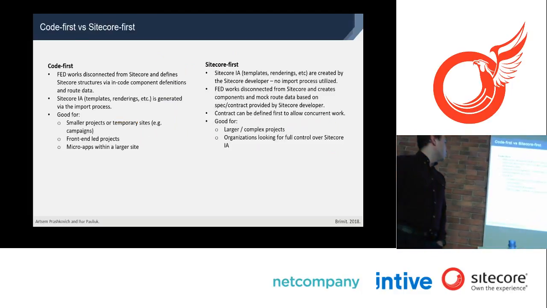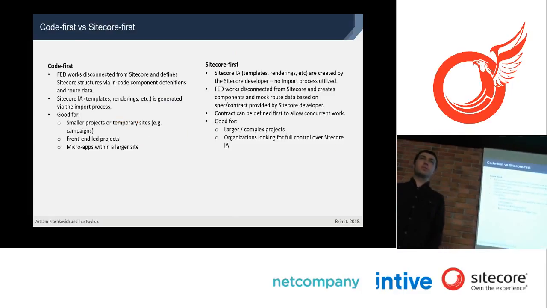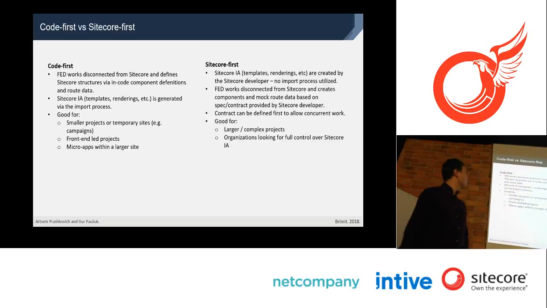In the case of code first, the front-end developer works disconnected from Sitecore and defines the component structure, or Sitecore structure, in code as component definitions and route data. The Sitecore information architecture, its templates, renderings, content items and so on, is generated via the import process. This approach is good for smaller projects and temporary sites, good for front-end-led projects, and for micro apps within a large site.